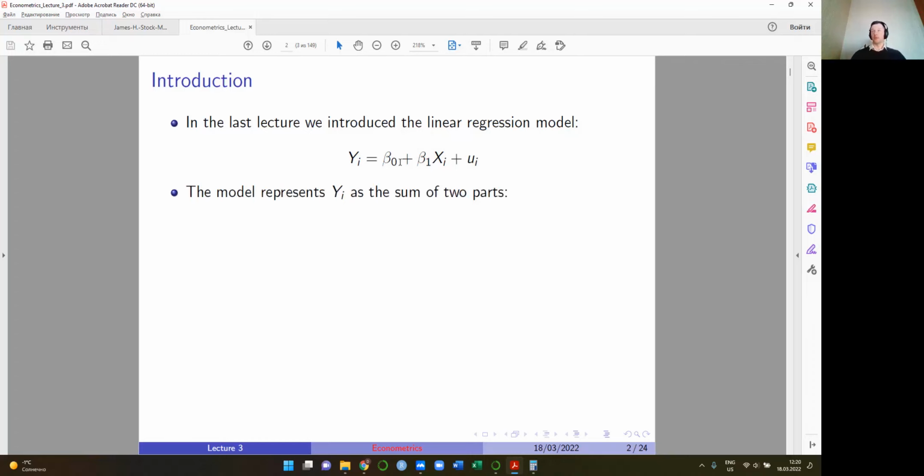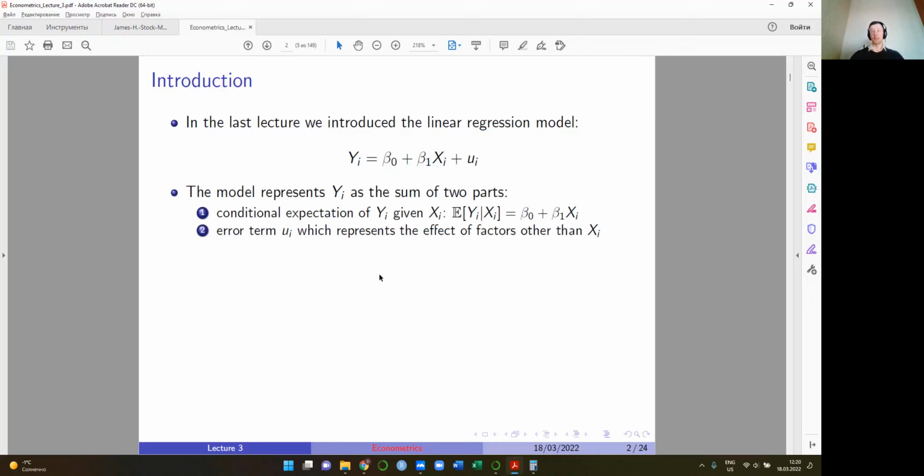So this model represents the outcome variable y as a sum of 2 parts. One is the conditional expectation of y given x, and another part is the error term, which represents the effect of factors other than x, because we cannot believe that only x affects y. There are some other factors as well. And I hope you remember our example used in the previous lecture.